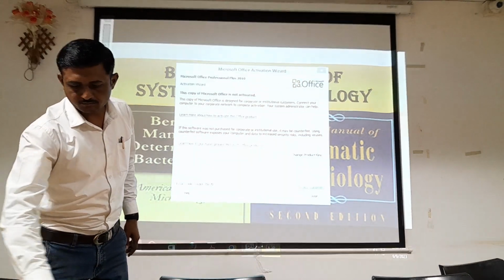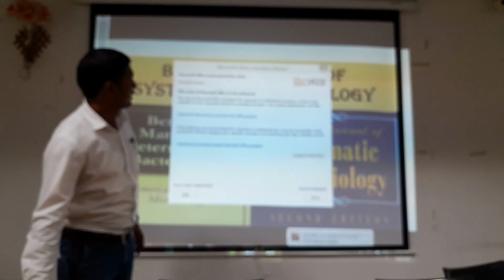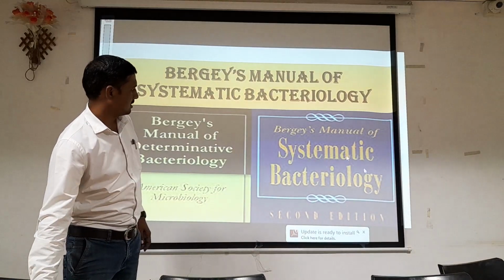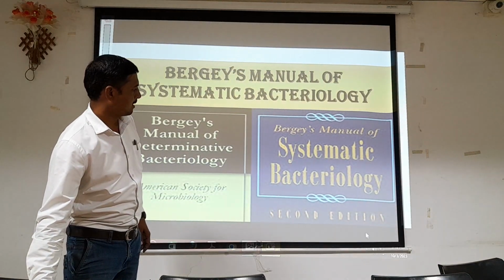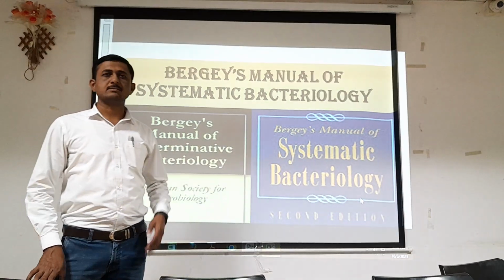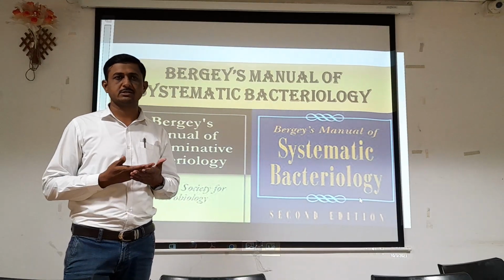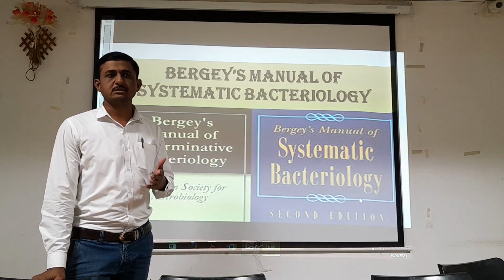Hello dear students. In the last lecture we discussed the different characteristics which can be used for the proper classification and identification of microorganisms on the basis of morphological, cultural, biochemical and physiological characteristics.